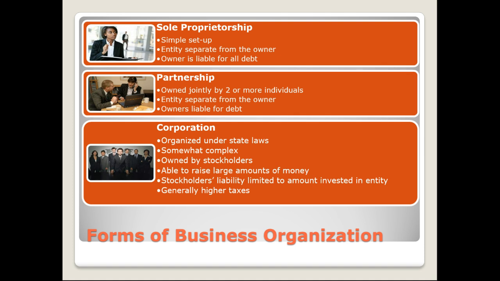So let's say a stockholder owns 1% of the stock of a company. That stockholder is only liable for 1% of the debt or negligence of that company. Though there are major pros to forming a corporation in terms of the limited liability that stockholders have, corporations do generally, at least in the United States, experience higher taxes.